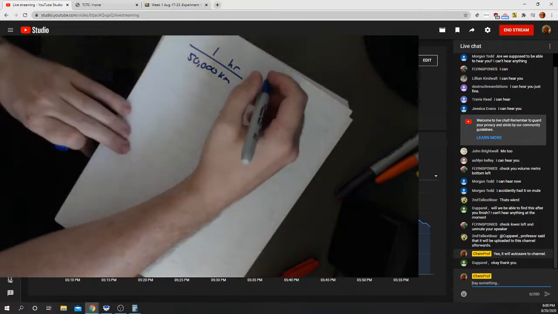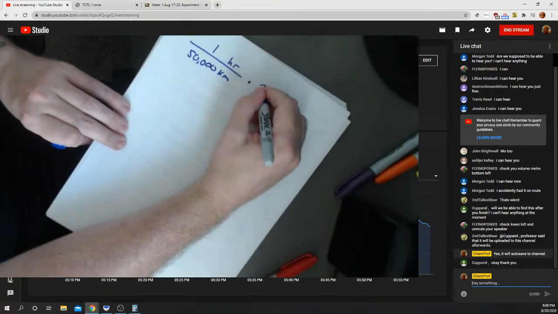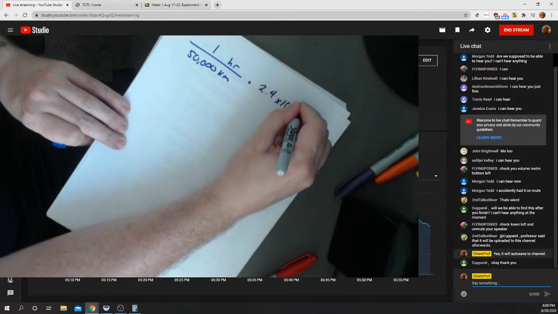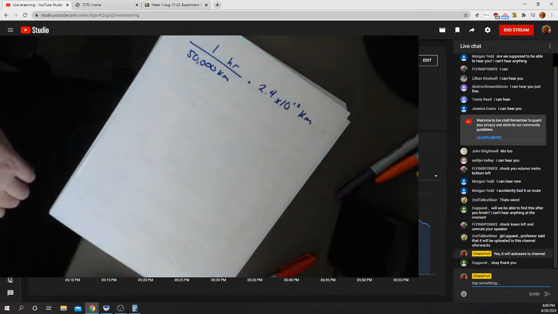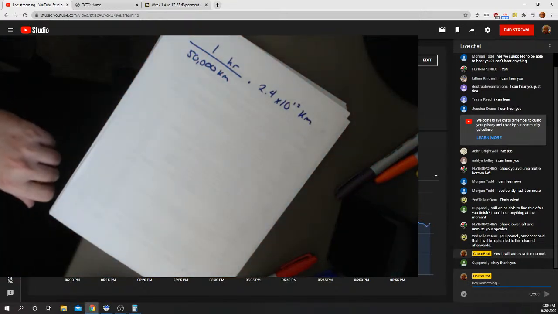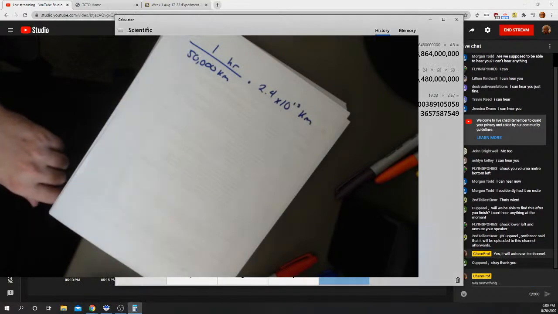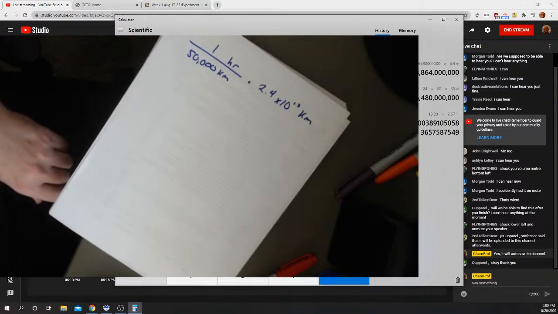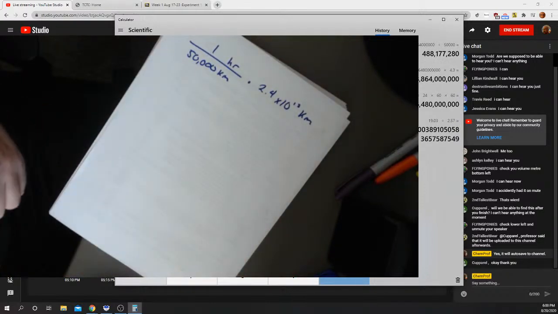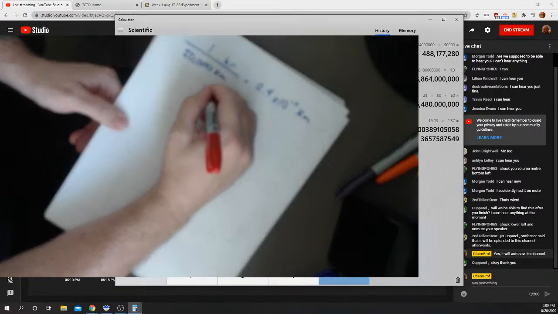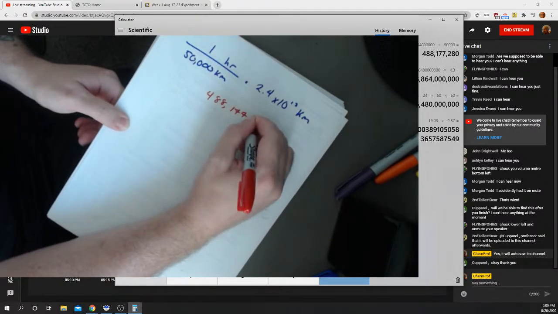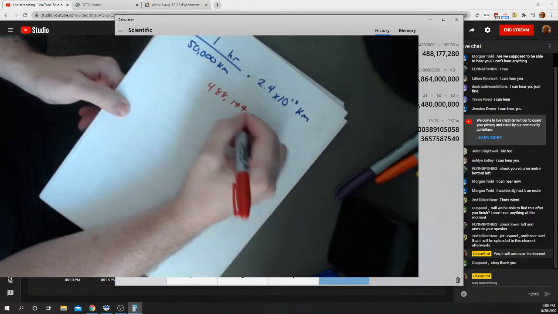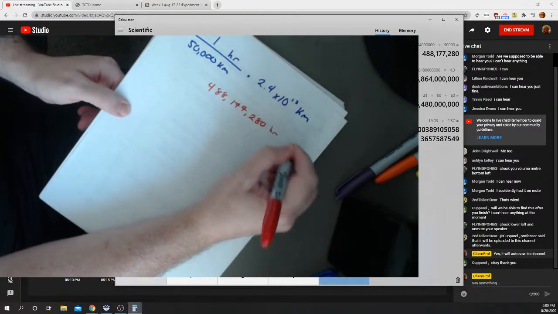And then we have our 2.4 times 10 to the 13th kilometers to the nearest star. So we hop back over to the calculator, and we find that it would take 488,177,280 hours.